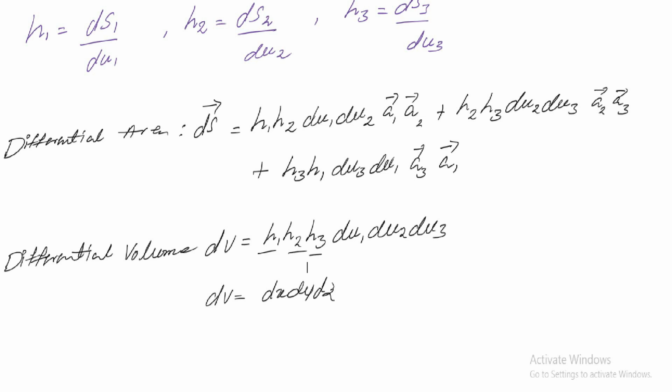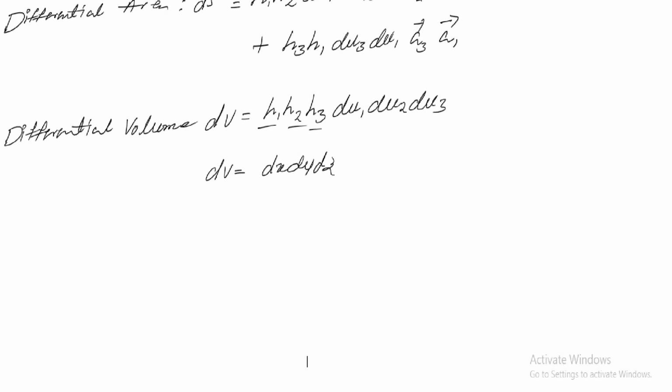Now we are going to obtain the differential length, differential area and differential volume for the Cartesian coordinate system by using the curvilinear coordinate system, and we are going to inspect whether the obtained results are correct or not. Let us find the differential elements in the Cartesian coordinate system.